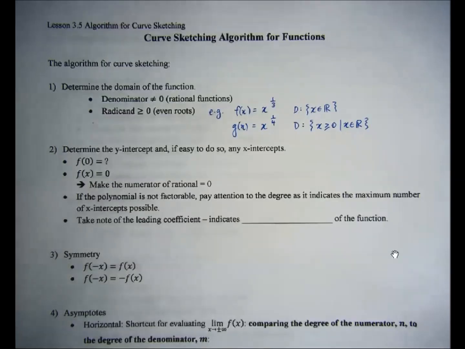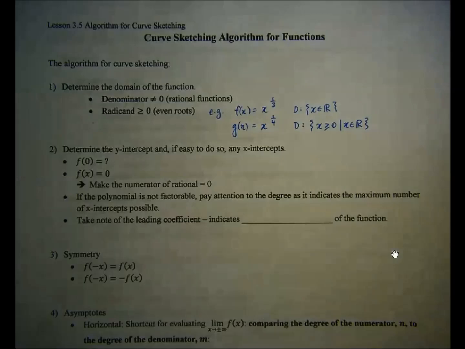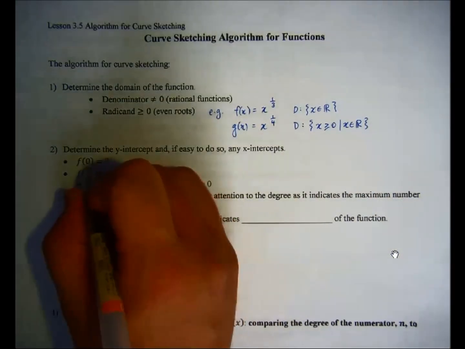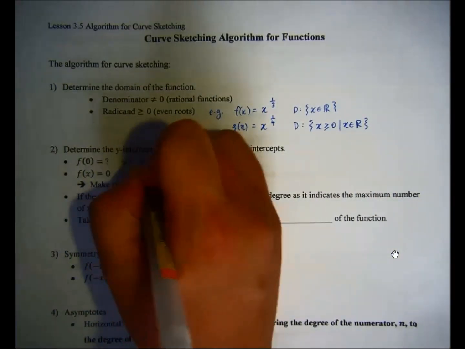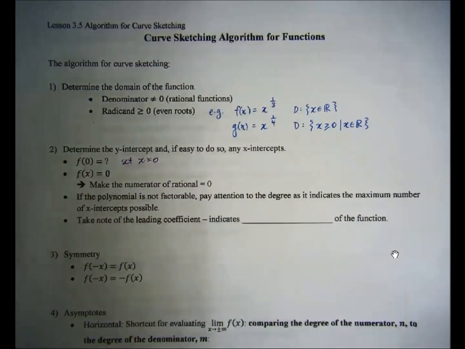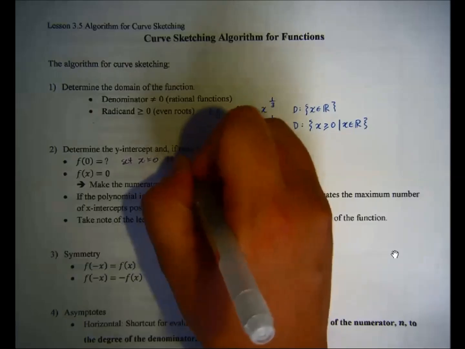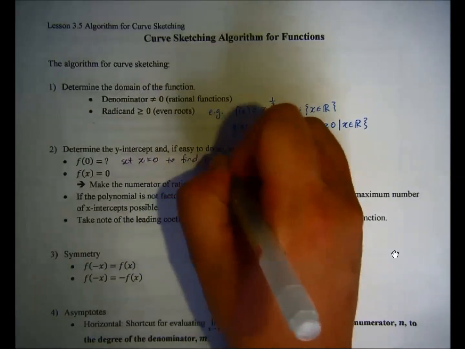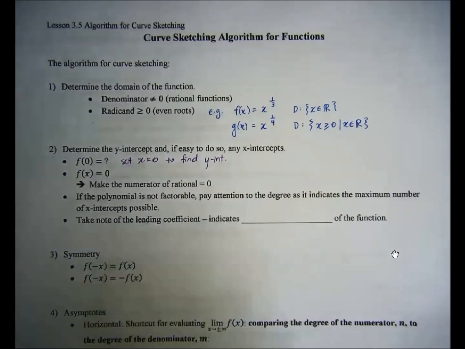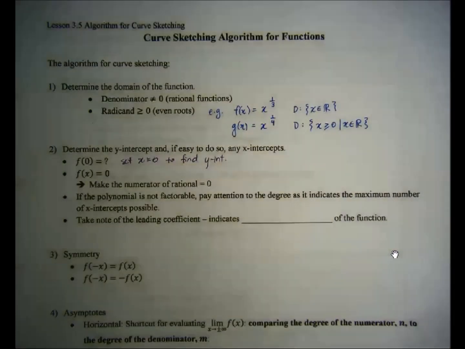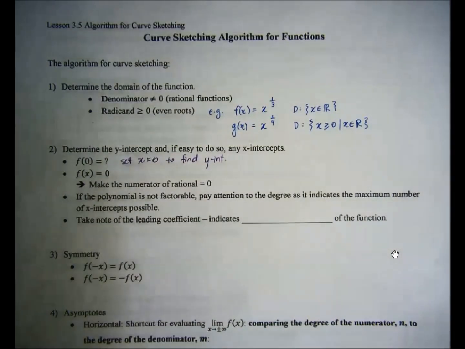The next thing we're going to do is to figure out the y-intercept and, if it is easy to do so, any x-intercepts for the function. So in order to figure out our y-intercept, we would set x equal to 0. And if we want to find our x-intercepts, we want to make sure that our y is equal to 0.